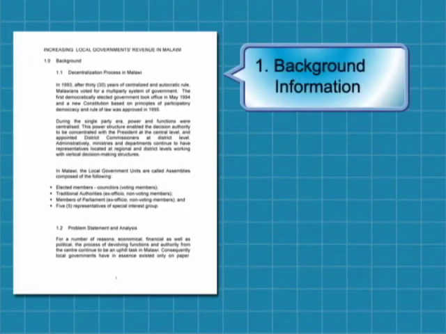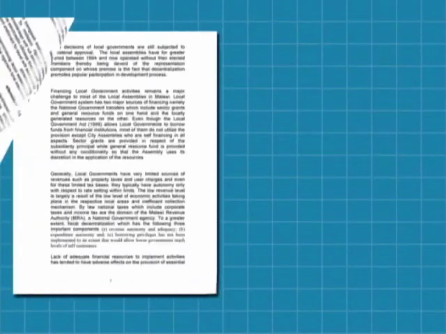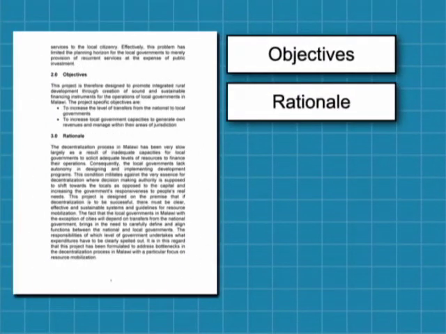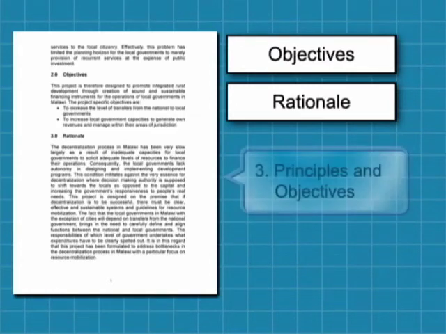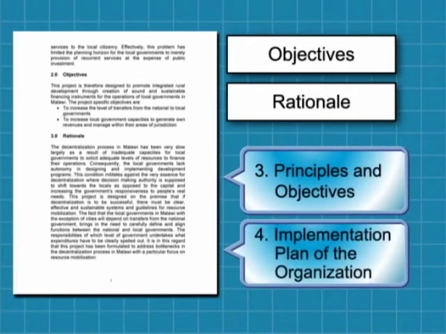Background information such as sector, region, and organization, and 2. Their issues and problems. Next, we can find objectives and rationale. They contain information about 3. The principles and objectives, and 4. The implementation plan of the organization.